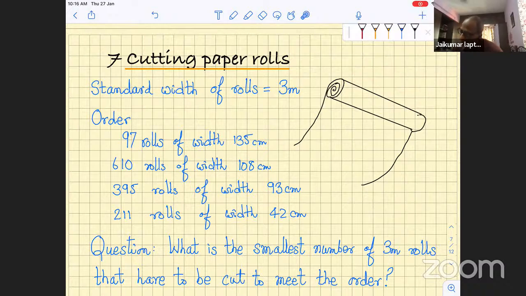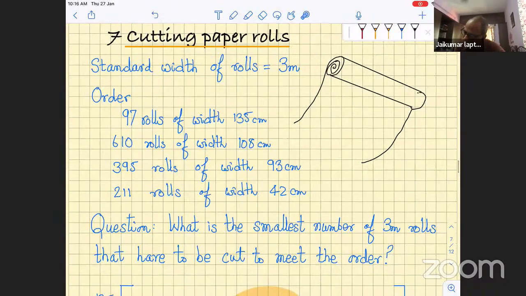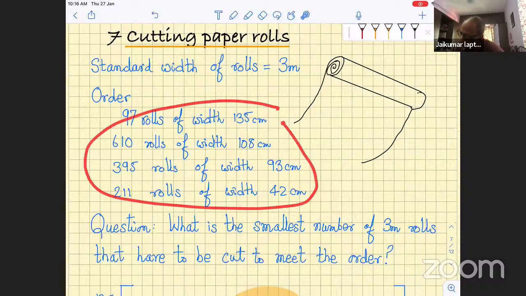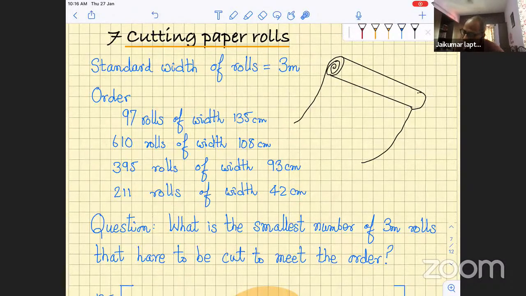But the orders that the paper company has received are that it wants 97 rolls which are 135 centimeters long. So they would like to cut these rolls into pieces so that you get 97 rolls.